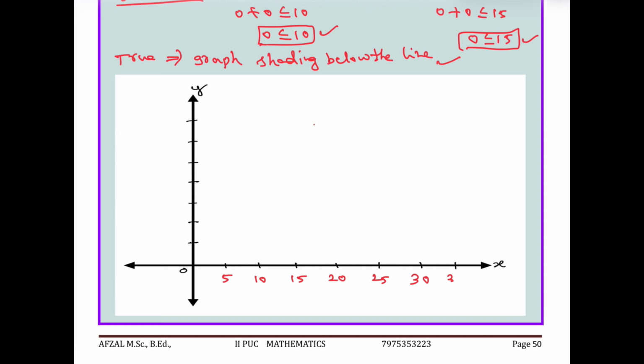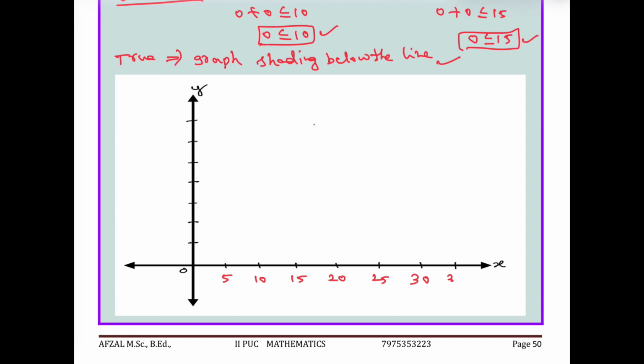Next 35th question. Integrate x divided by x plus 1 into x plus 2 dx. First we need to find out partial fractions. x by x plus 1 into x plus 2 equals a by x plus 1 plus b by x plus 2.